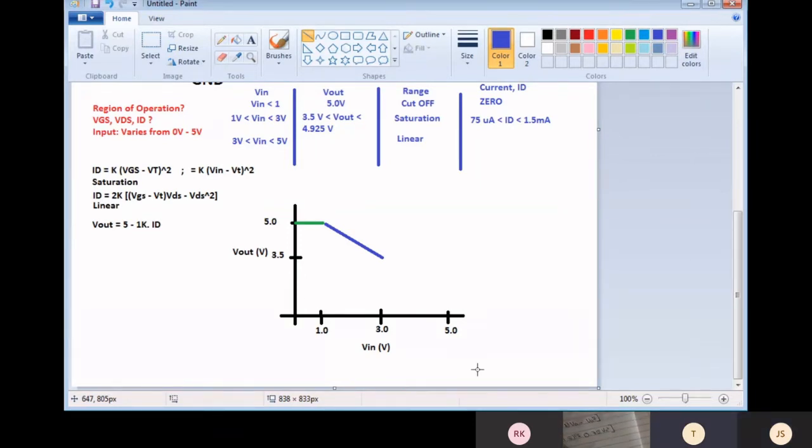Sir, for the last value, how do we take VD? Linear region. VD will be V out, right? Yes, yes, we know.